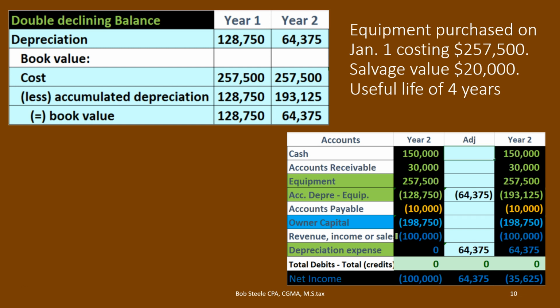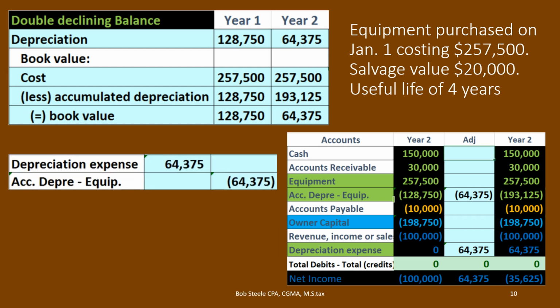We performed exactly the same in this model, and then the depreciation expense is 0. Why? Because last time's net income, the income statement accounts being revenue and depreciation, got closed out to capital last year, and now we're starting at the temporary account of 0 on the income statement accounts, whereas on the permanent account for the balance sheet, we still have the 128,750 in it.